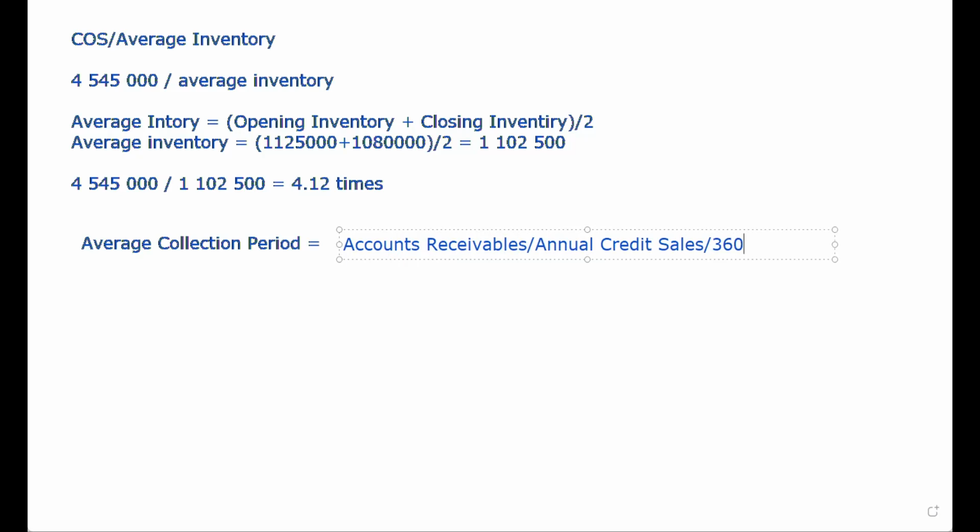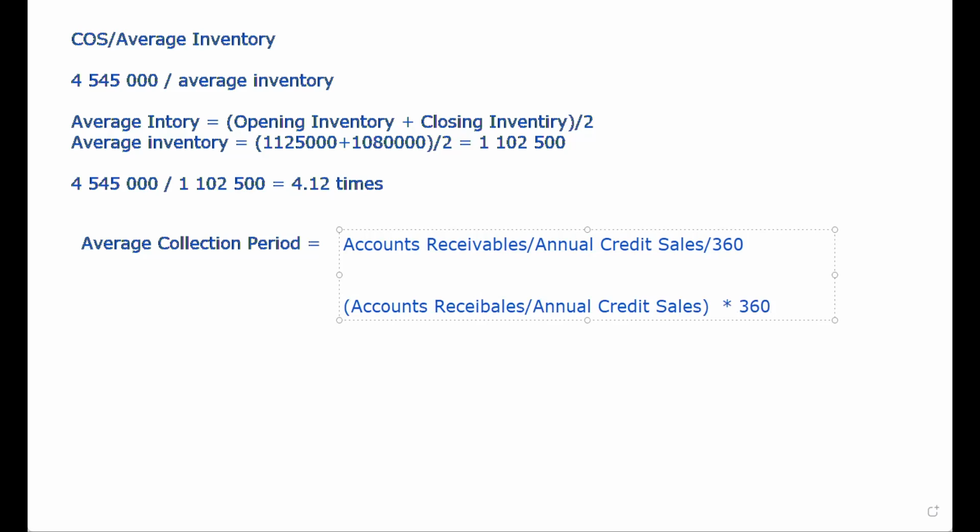You have to do that, right? Or alternatively, the second formula that you can use is accounts receivables divided by annual credit sales, and then close bracket, and you multiply everything by 360, after you have made your division.